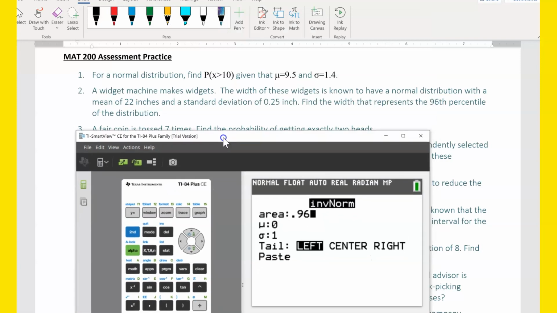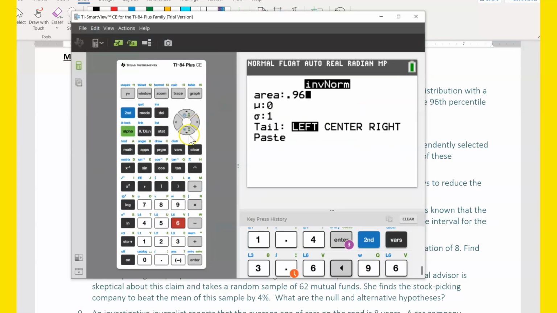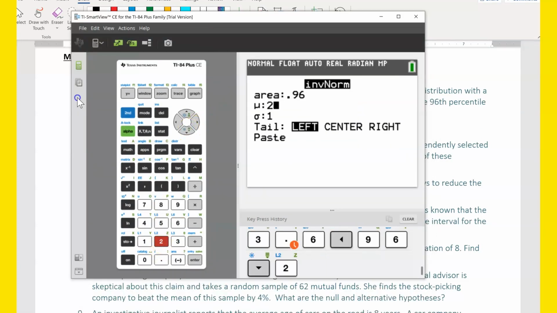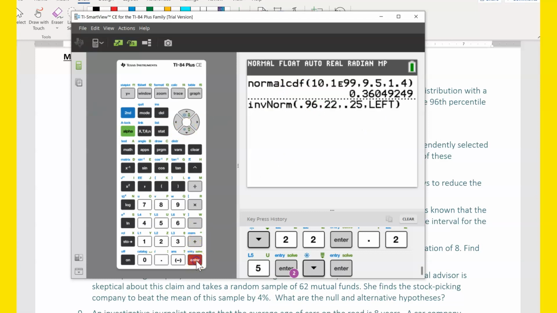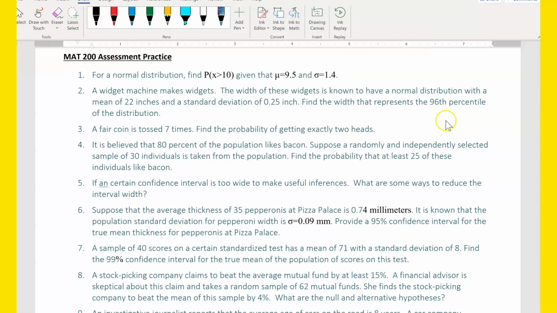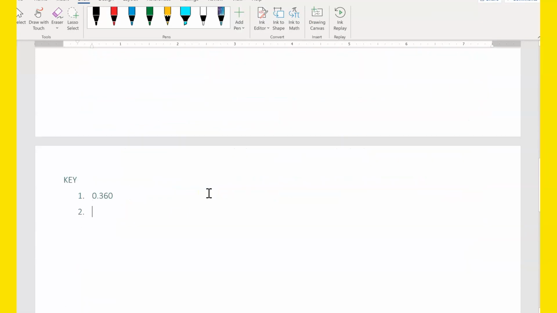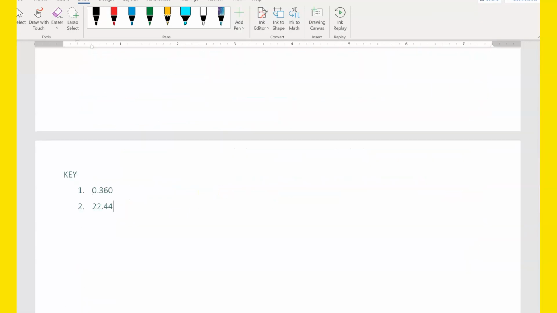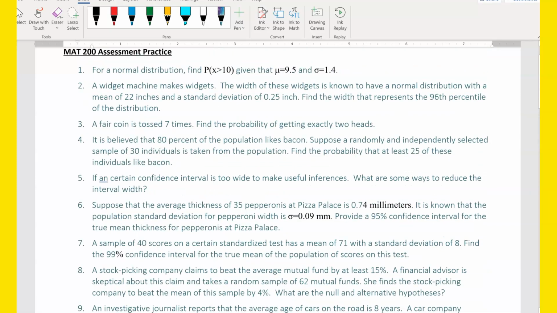The mean was 22 and the standard deviation was 0.25. Doing it this way would be a left tail. I could also do a right tail, and then the area would be 0.04, 4%. That would accomplish the same thing. So 22.44 looks like a good answer here. All right, so 22.44 would be a good answer to number two.